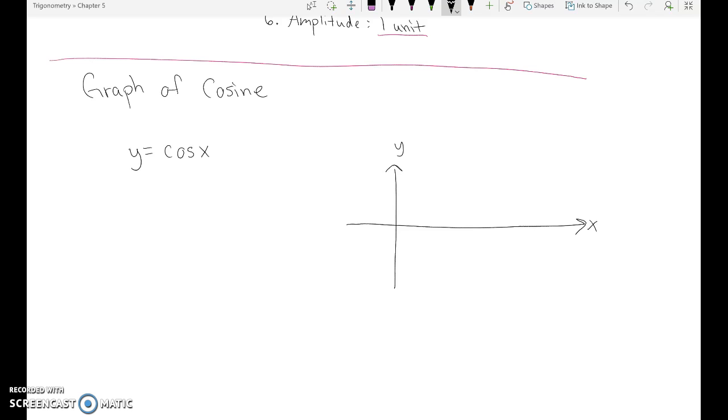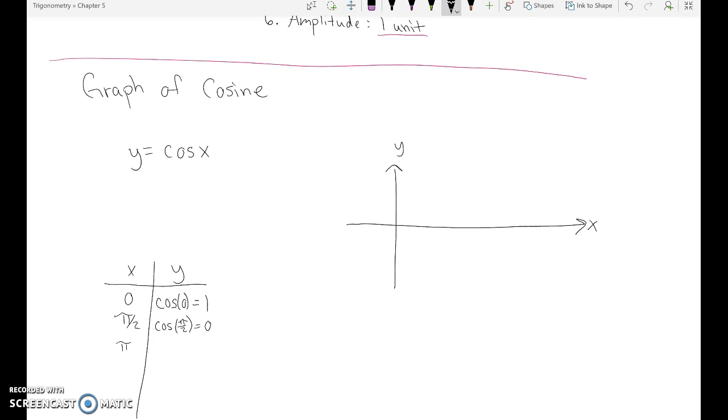And I'll make a t-chart to determine what values to stick into my graph over here. So I'm going to use the same values. I'll use 0, so when I take cosine of 0, I get 1. I'm going to use pi halves. When I take cosine of pi over 2, I get 0.